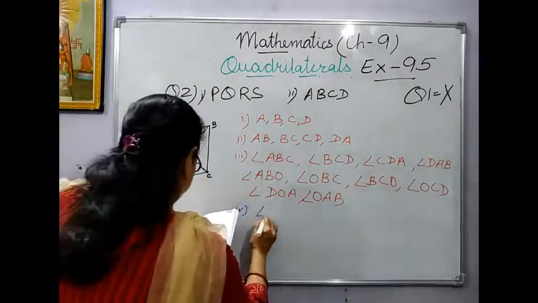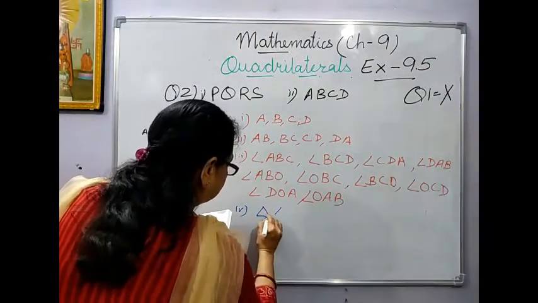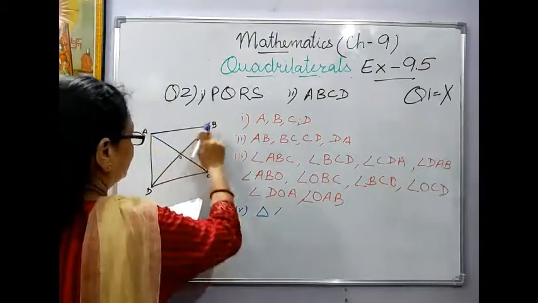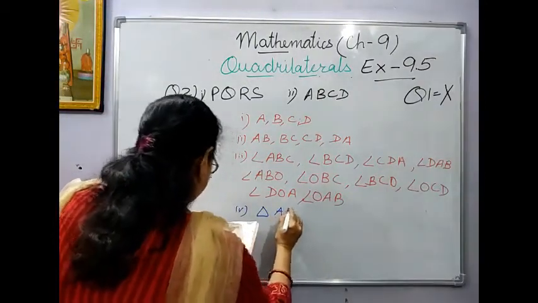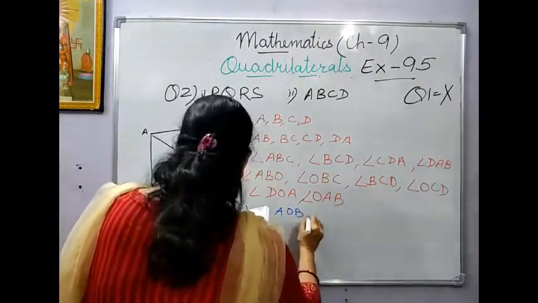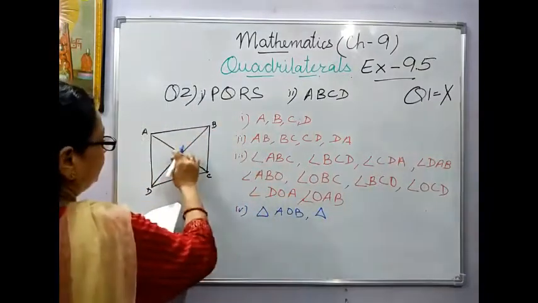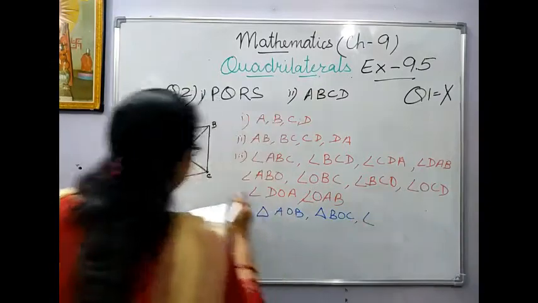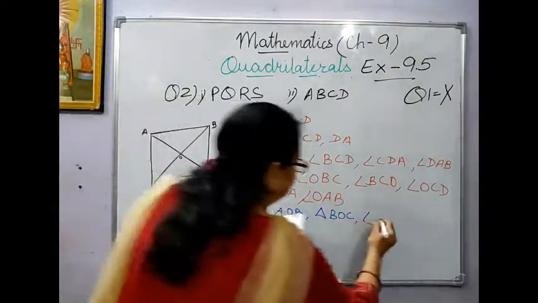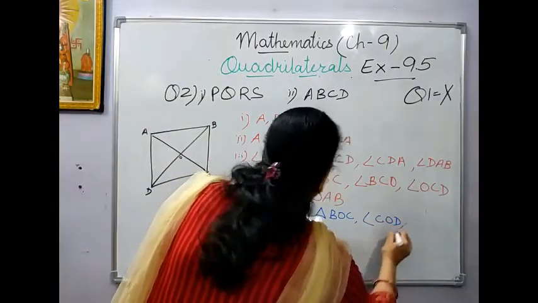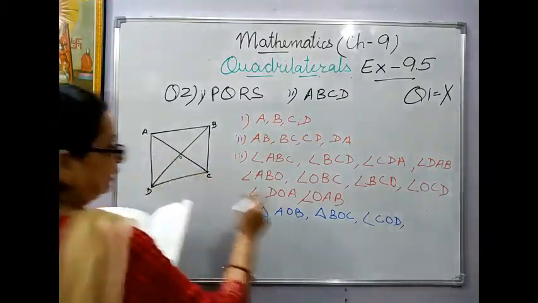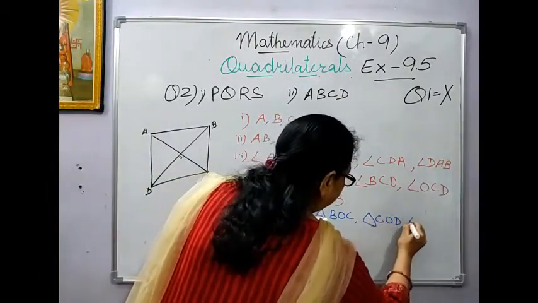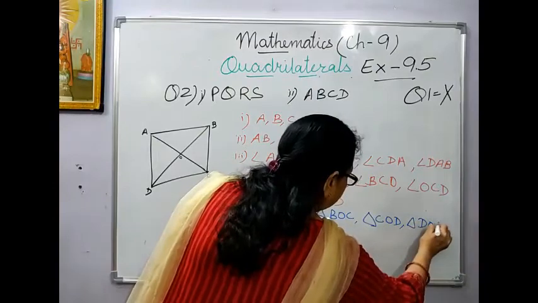So first, a triangle is always written like this: AOB, then triangle BOC, then triangle COD, then triangle DOA, sorry, DOA.